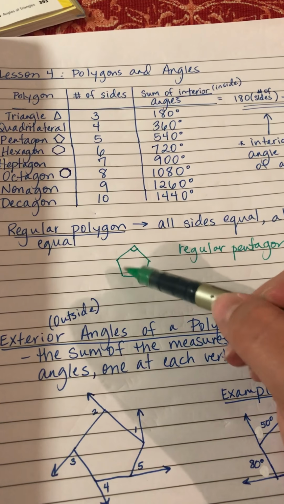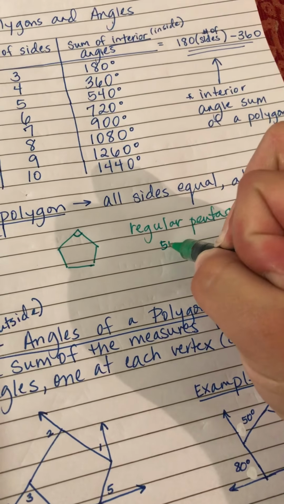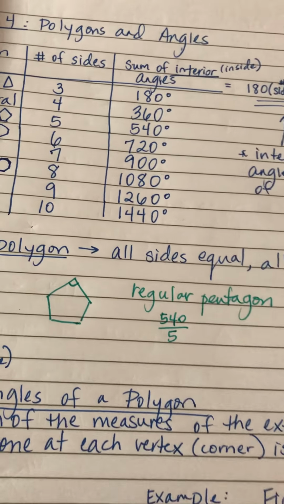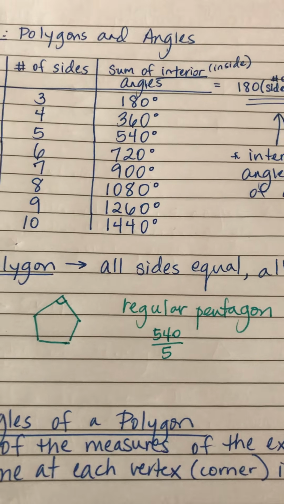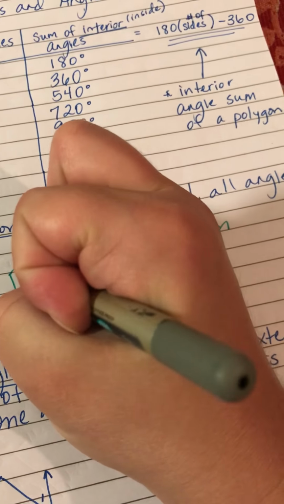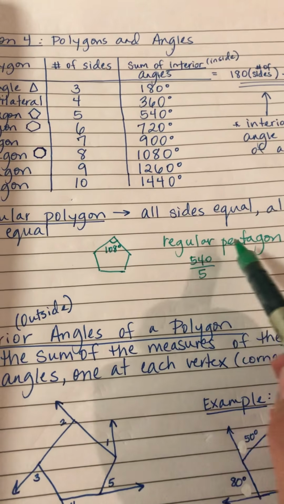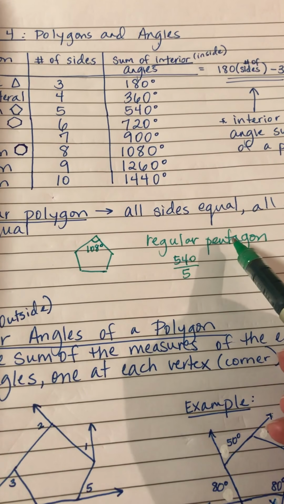And if they're all equal, then I can do 540 divided by the 5 angles. So 540 divided by 5 will give me 108 for this angle. Now you can only do this if it's a regular polygon. So in this case, it's a regular pentagon.